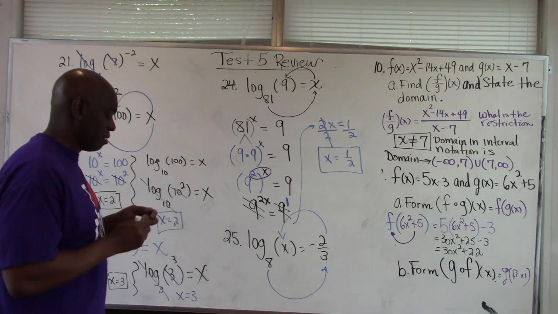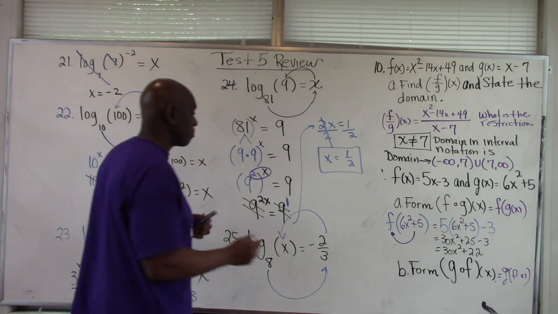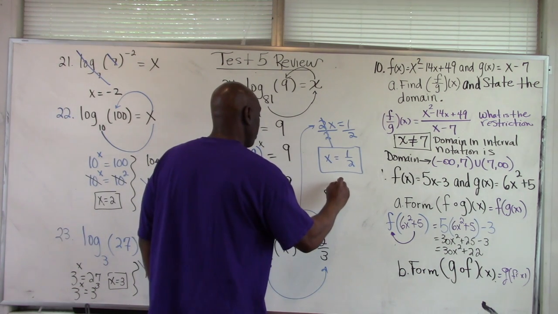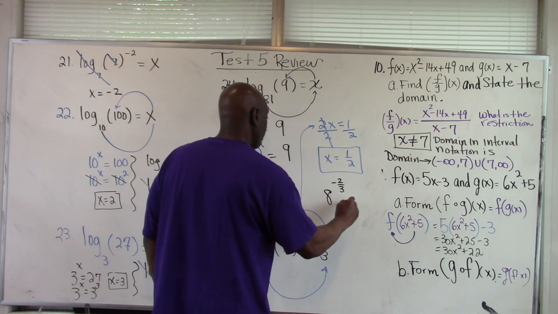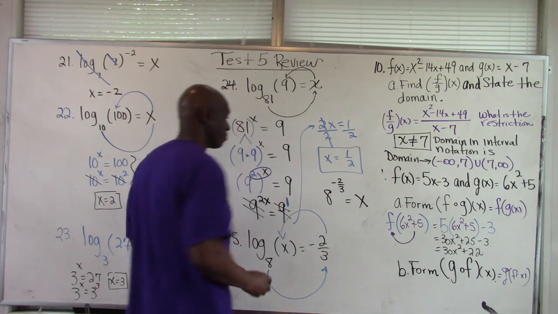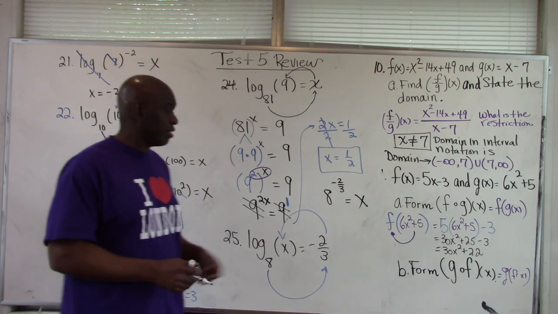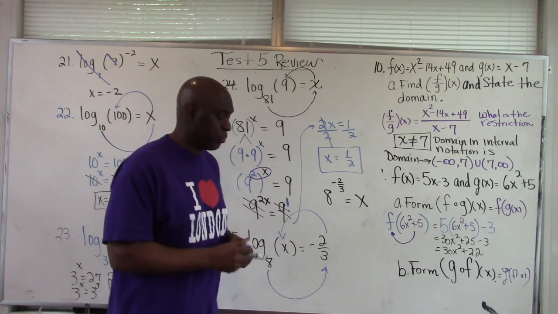All right, so here we go. 8 to the power of negative 2/3 equals x. The good thing is if you have a graphing calculator, it will do all these calculations for you.